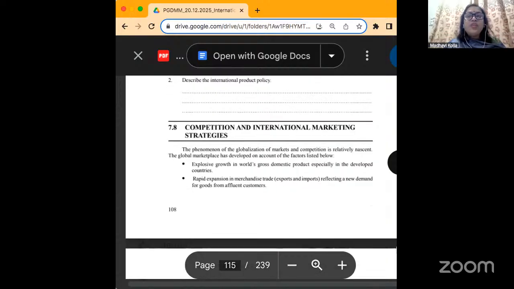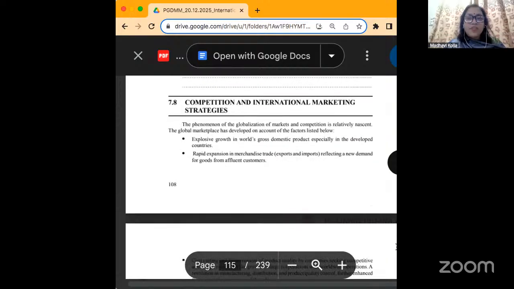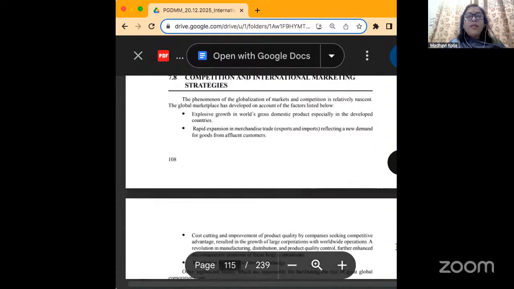So, competition and international marketing strategies. The phenomenon of globalization of market and consumption is relatively nascent. The global marketplace has developed due to a number of factors. One is explosive growth in the world's gross domestic product, particularly in developed countries. Second, there is a rapid expansion in merchandise trade, with exports and trade reflecting a new demand for goods from affluent customers.